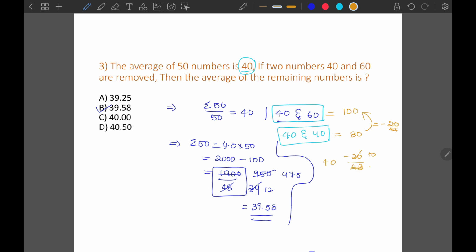Solving this, we get 5 by 12. And what is 5 by 12? It is 0.41. So 40 minus 0.41 is giving 39.59, which is approximately the same answer.